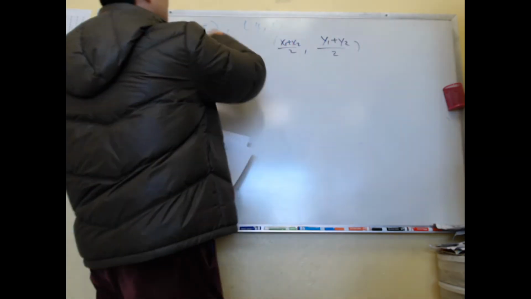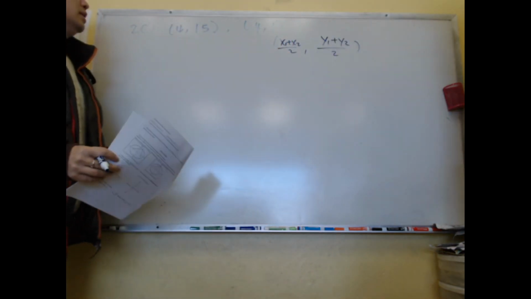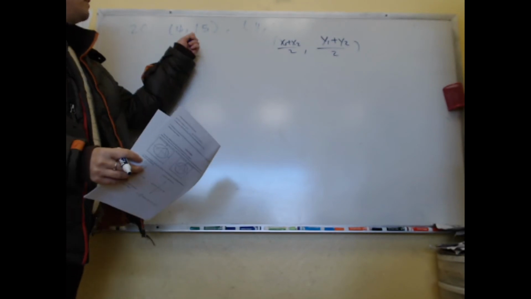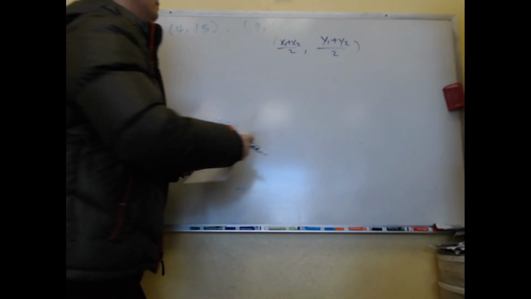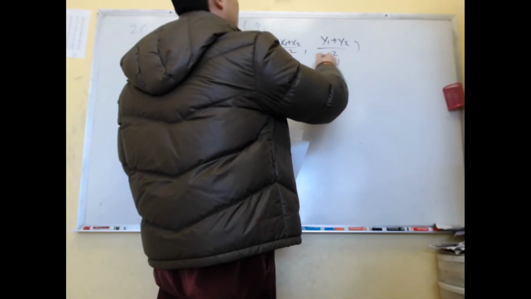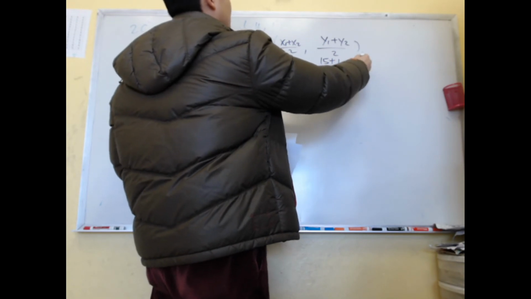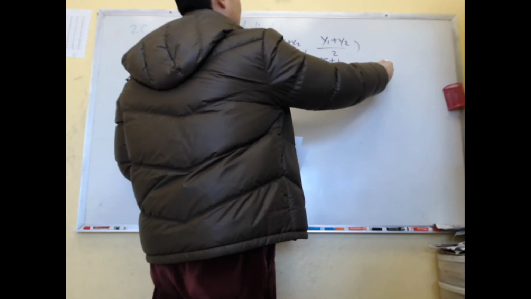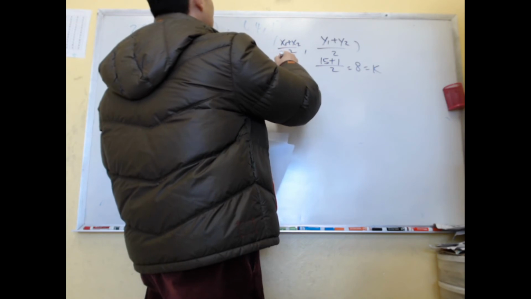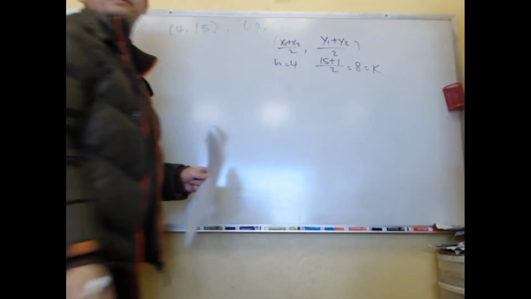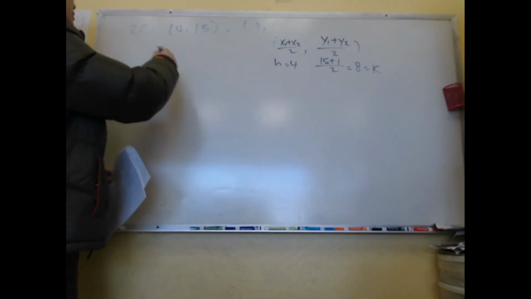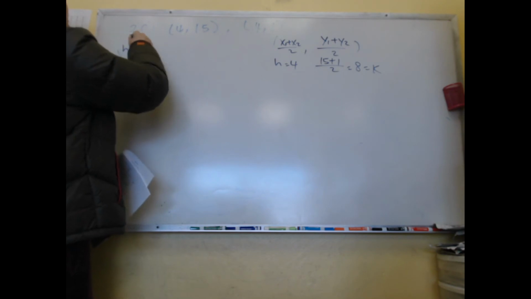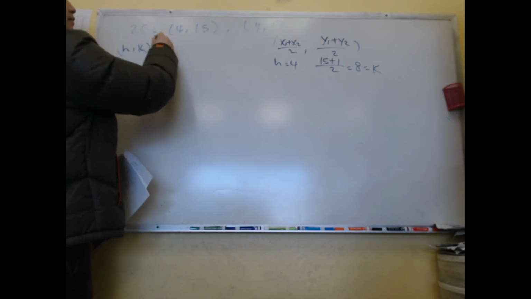Well, this one there's no need to find the x value for the center, just the value of k. Combine them, divided by 2, which is 8. So that's the value of k. The value of h is given already, so we found h comma k.